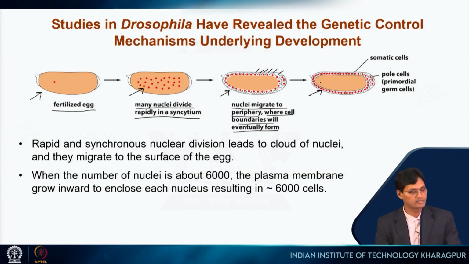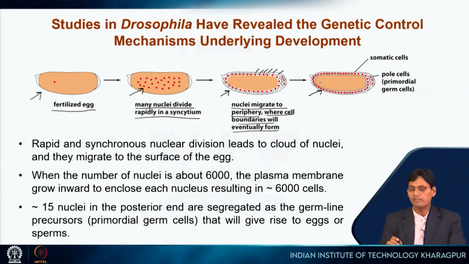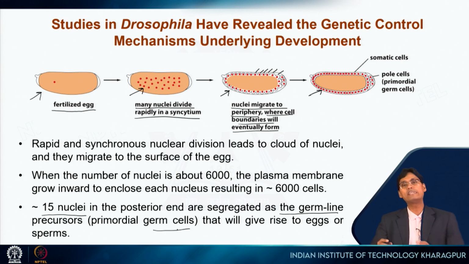Another important thing: at the posterior end, you will get approximately 15 nuclei, and they will finally form the germline precursor, the germ cells they will make in future. So this is the beginning of Drosophila embryo development.